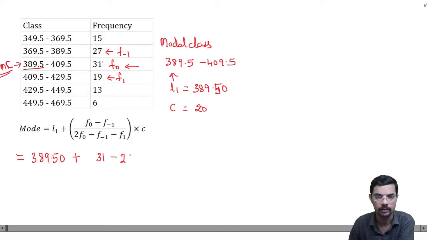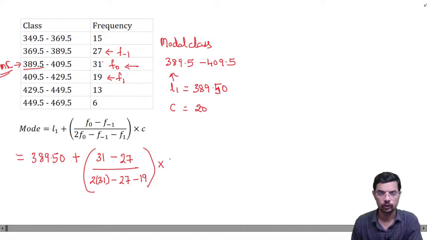So it is 27 divided by 2 times F naught. 2 times F naught means 2 times 31 minus the frequency of the pre-model class, that is 27, minus the post-model class, that is 19, into C, 20.